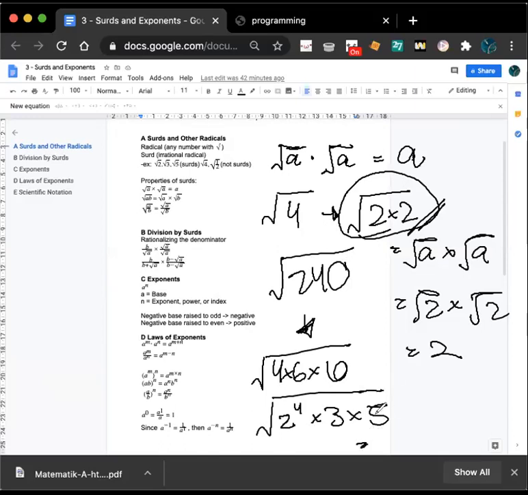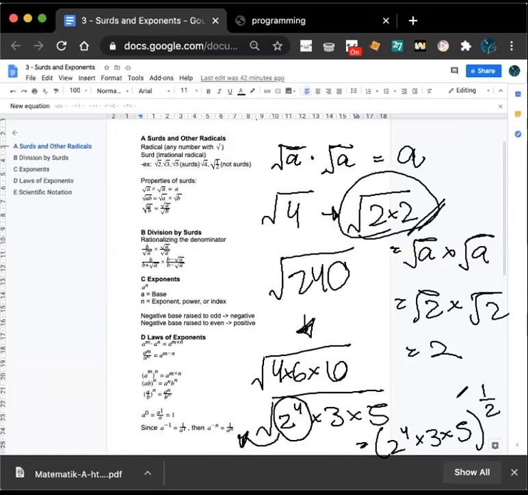Through this, you can easily take this out, since this is the equivalent of 2 to the square root of 4 times 3 times 5 to the power of 1/2.